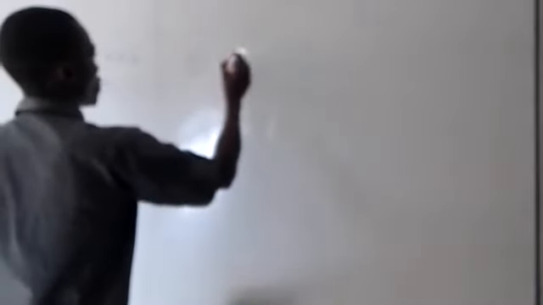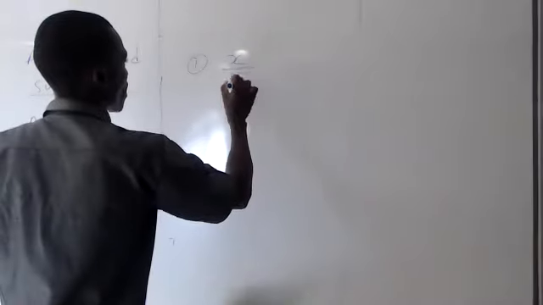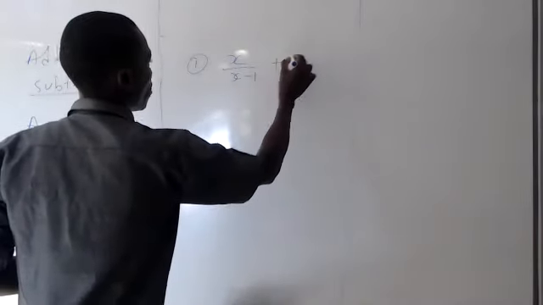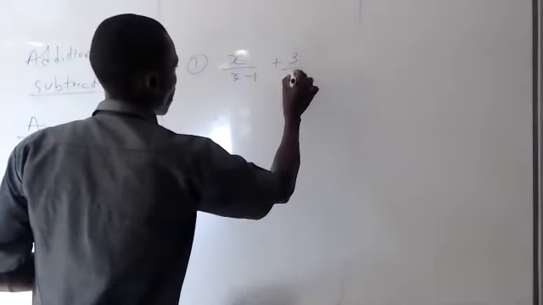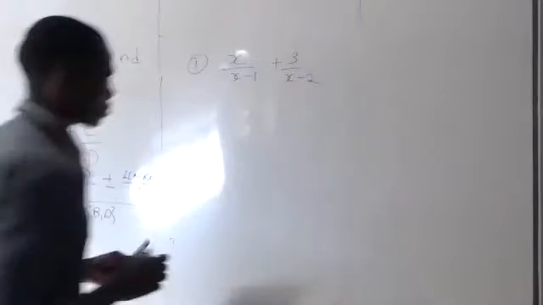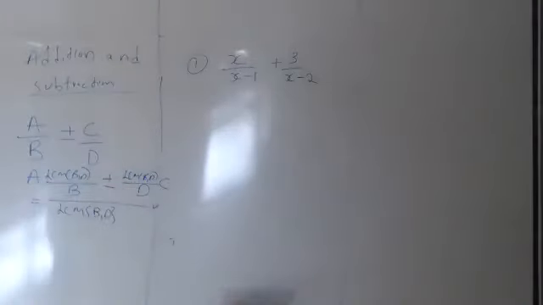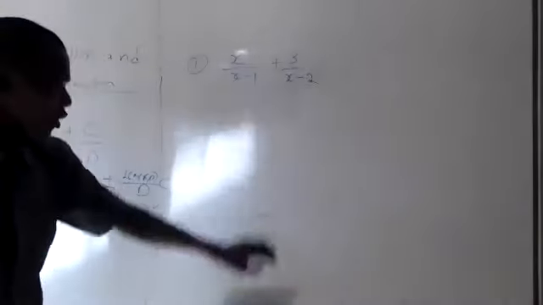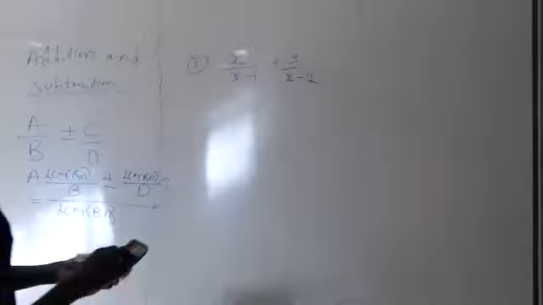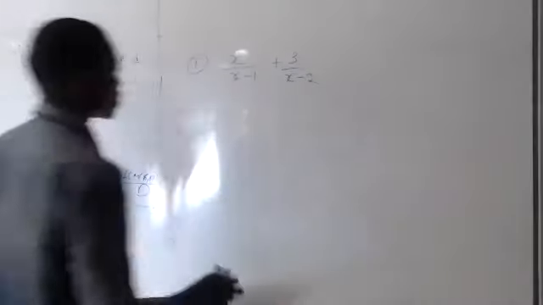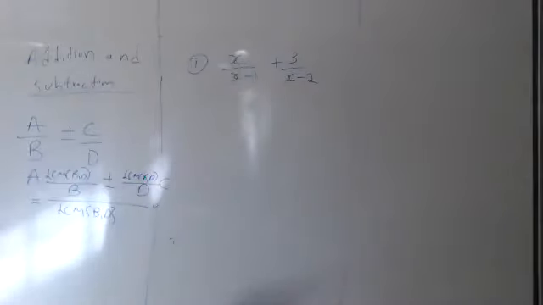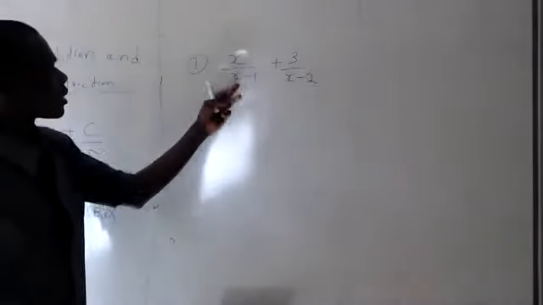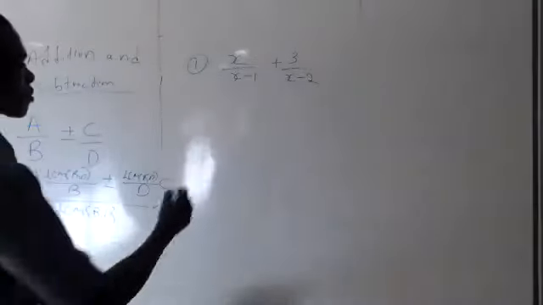let's say you want to simplify maybe x divided by x minus 1 plus 3 divided by x minus 2. You want to simplify this. You want to combine this, to write this as a single fraction, or just to add them. So the first stage is to find the LCM of x minus 1 and x minus 2.